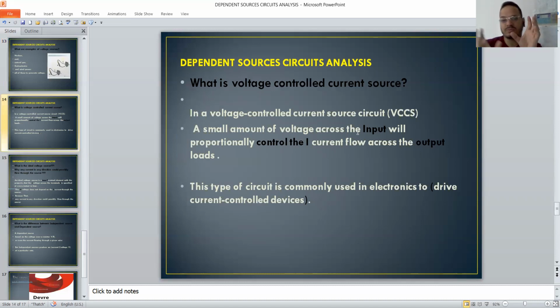That means there is a relation between the input and output. This type of circuit is commonly used in electronics to drive current control devices.